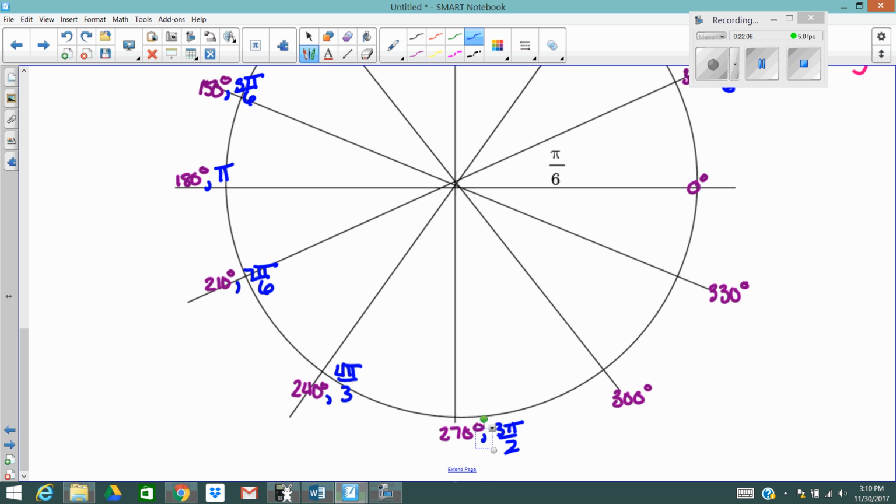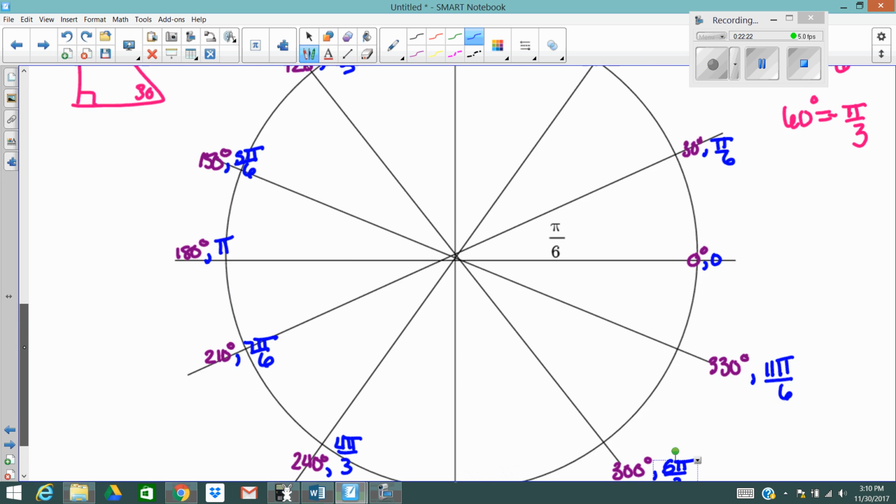After 9 comes 10 pi over 6, which is 5 pi over 3. And then 11 pi over 6. And then 12 pi over 6, which again is 2 pi.